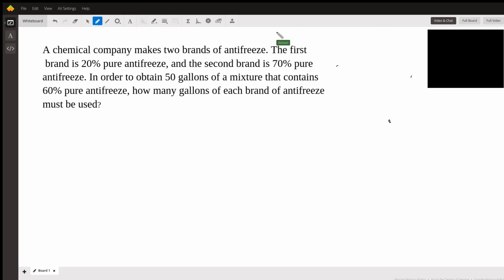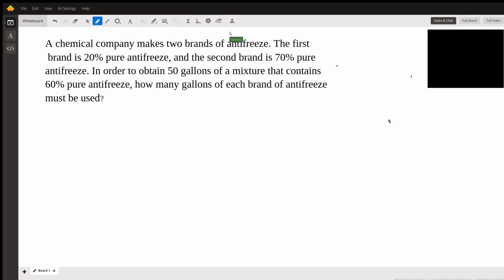So we're going to have a strength times the volume of the mixture equals the active ingredient.